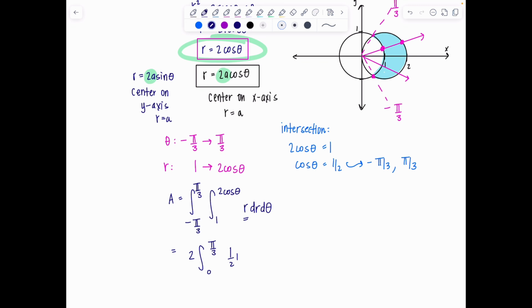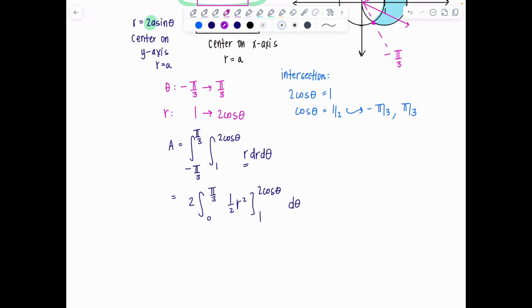It's 1/2 r squared, and we're going to evaluate from 1 to 2 cosine theta, and then I have a d theta. Okay, this cancels with this. Now I have the integral from 0 to pi over 3 of 2 cosine theta squared, which is 4 cosine squared theta, minus 1, d theta.